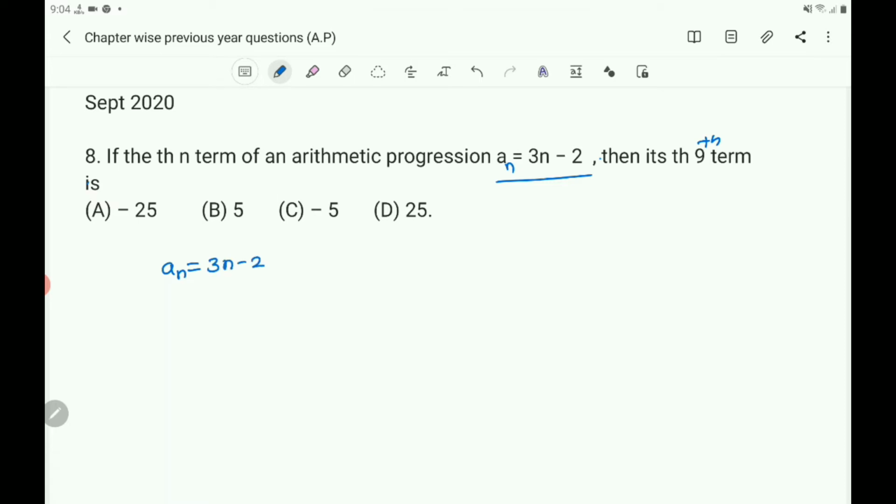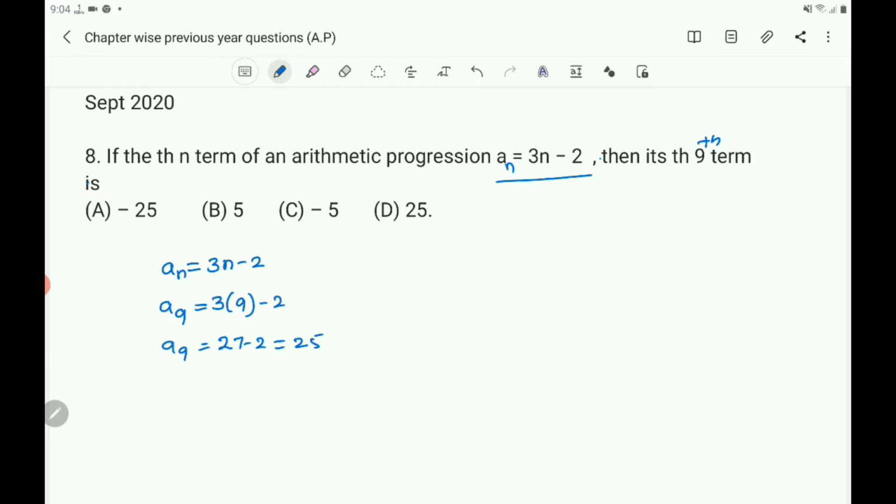You have to find the ninth term, that is a9 equals 3 into, in the place of n we have to put 9. So 3 into 9 minus 2. a9 equals 3 nines are 27 minus 2. So you will get 25.